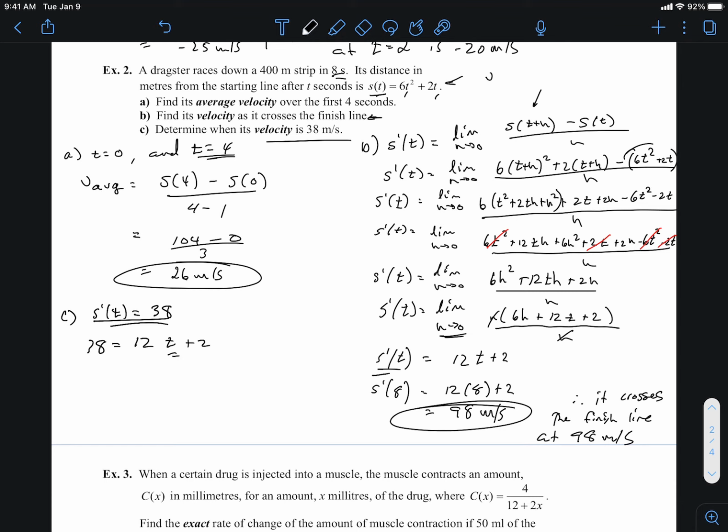And we just want to solve for what the time was when the speed was 38 meters per second. So we can say, okay, well, 38 minus 2 is equal to 12t. 36 is equal to 12t, so t is going to equal 3. So it's at 3 seconds, when t equals 3.